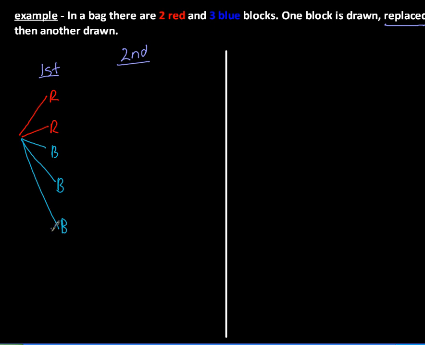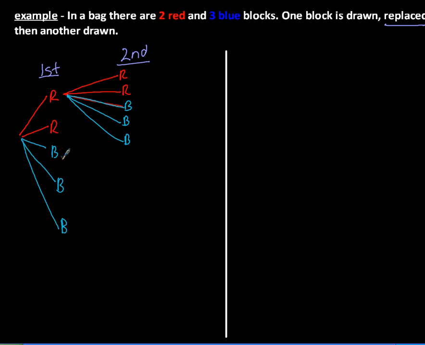No, it doesn't. So if we got a red on the first draw, but we put it back, we still have the 2 reds to draw in our second one. So for this outcome, I have a red, red, as well as these 3 blues: blue, blue, blue. Alright, we'd have exactly the same for this one down here.